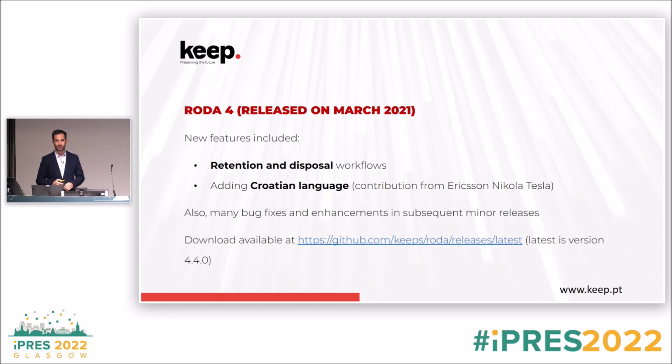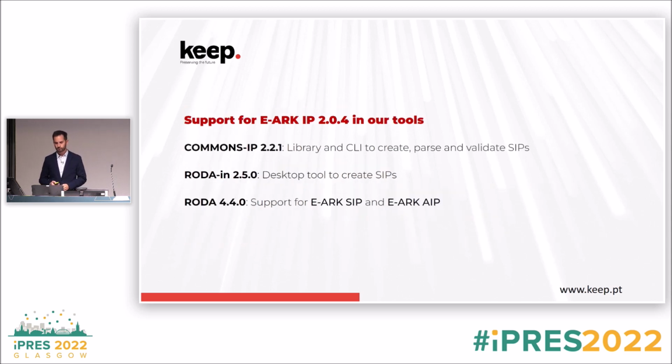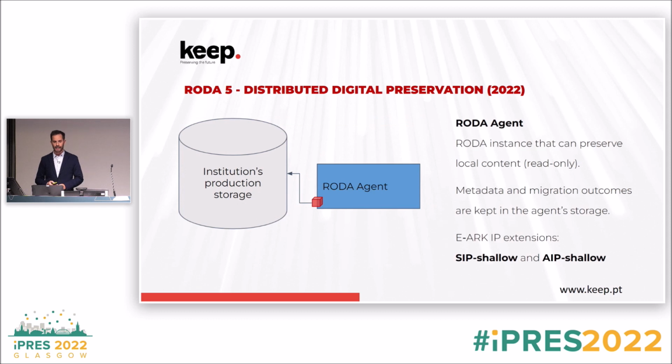RODA 4 was actually released last year, but the pandemic didn't allow us to show this before. Last year we did release the retention and disposal plus the creation translation, and it's available on GitHub. We also included some E-ARK AIP 2.0 support in our tools. And currently we are finishing up RODA 5, where we'll be developing distributed digital preservation.